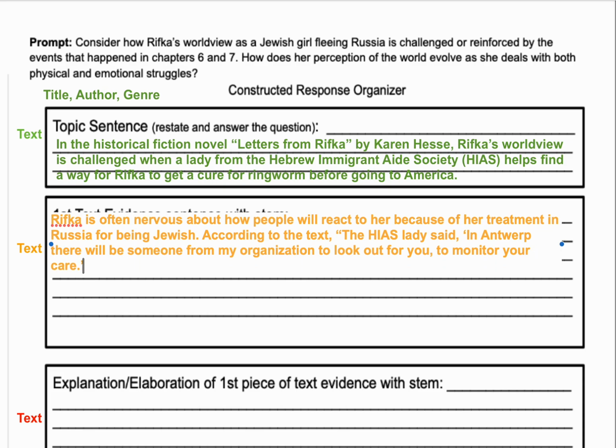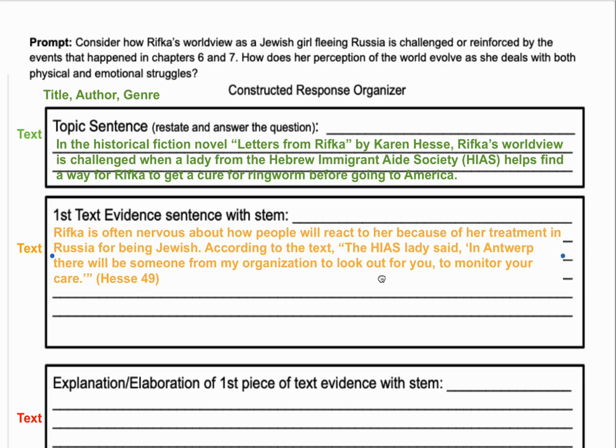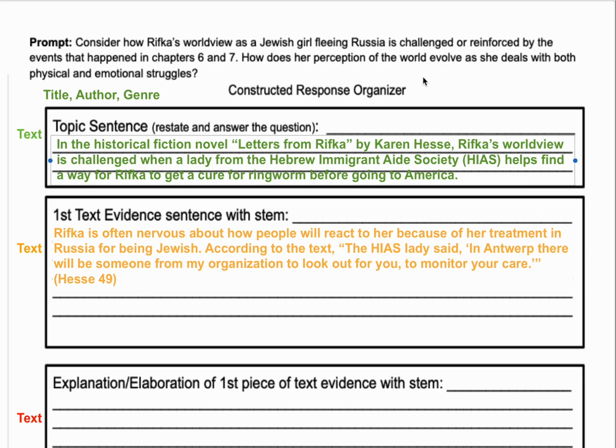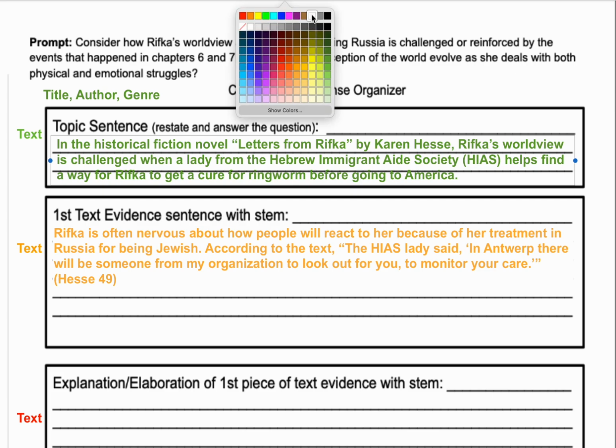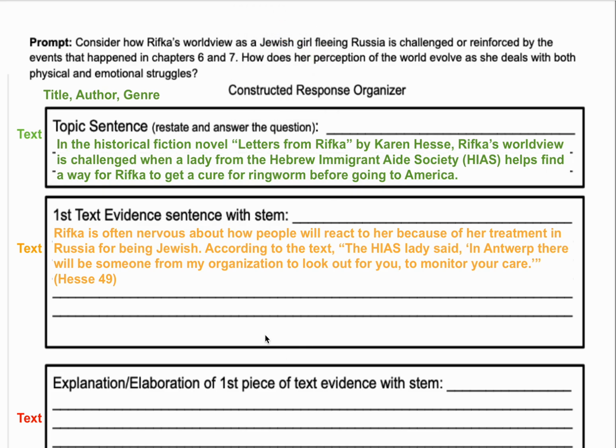I do my end quote for the dialogue, and then I do my end quote for the quotation for the text evidence. Then I cite it with the author's last name and the page number that this text came out of. So Hesse, page 49. I just include her last name, not her first name, okay? I'm going to go back to this box and make it white. There we go. That's a little easier to read.